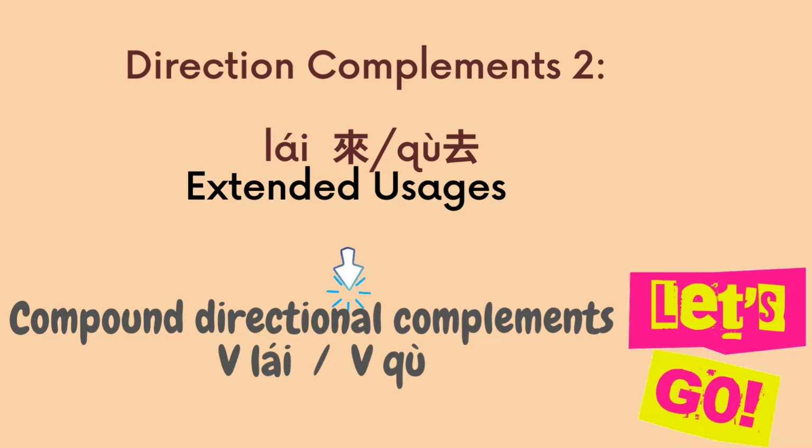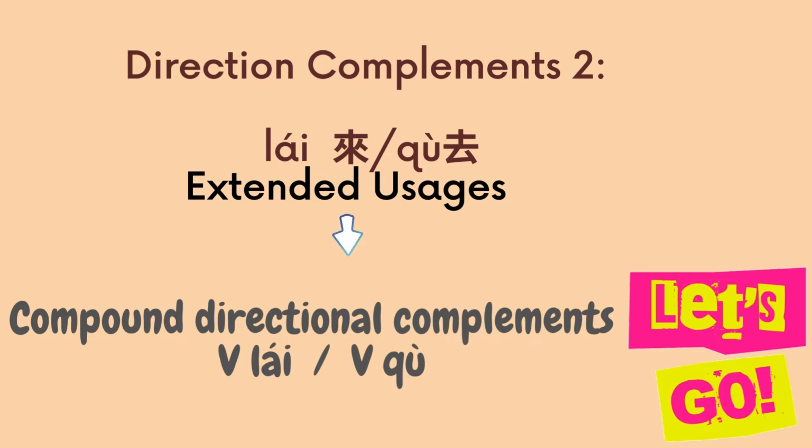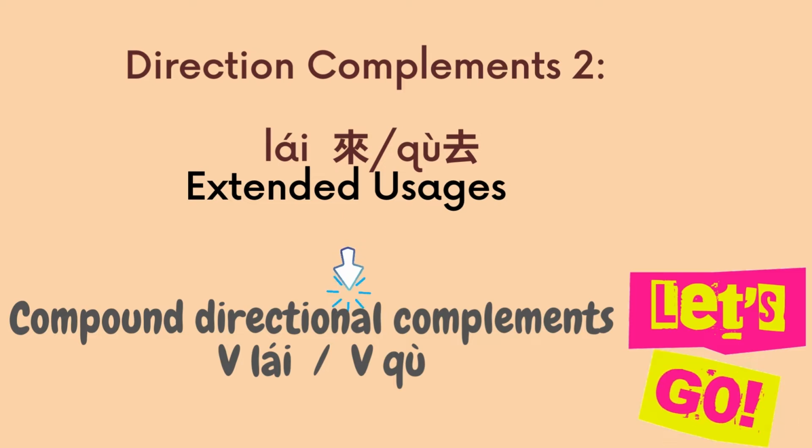Unlike the original uses, where 来 and 去 each serve as a direction complement, the extended uses combine them with a preceding verb to form a compound direction complement.